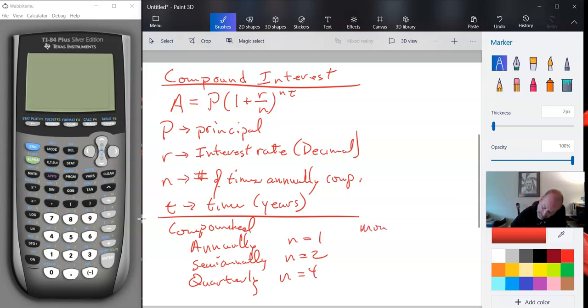Monthly, N equals 12. You could even do daily, N equals 365. So this is basically all the different things that you could break N up into, how many times you could have things compounded. Then there is continuously compounded.